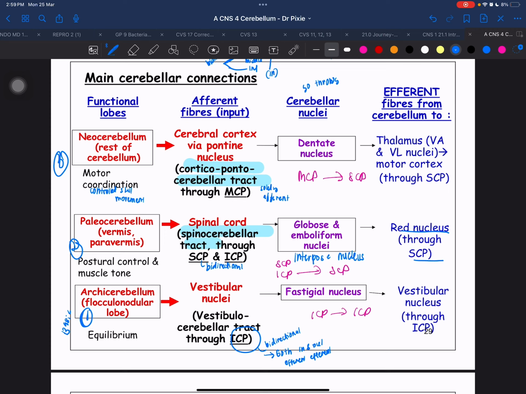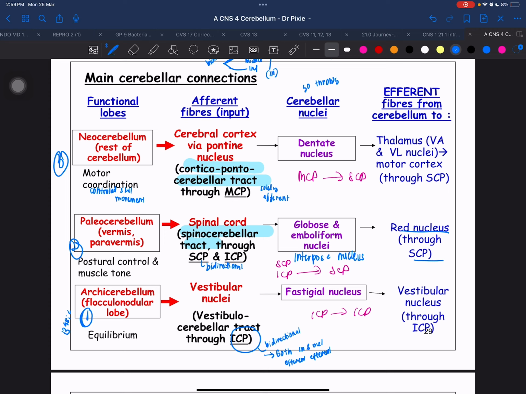Paleo akan pergi dua nuclei. Emboliform and globose, ya, dia akan pergi globose and emboliform nuclei. Selepas tu dapat nasihat, it will exit from cerebellum. When it exits from cerebellum, it will exit to the red nucleus through superior cerebellar peduncle.